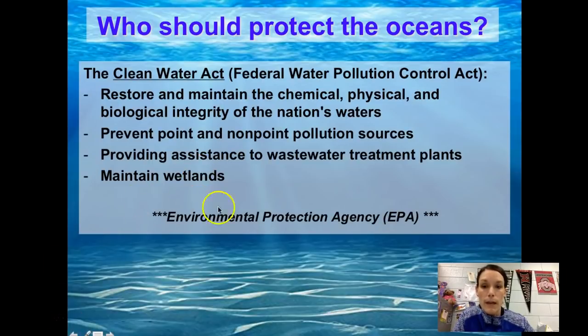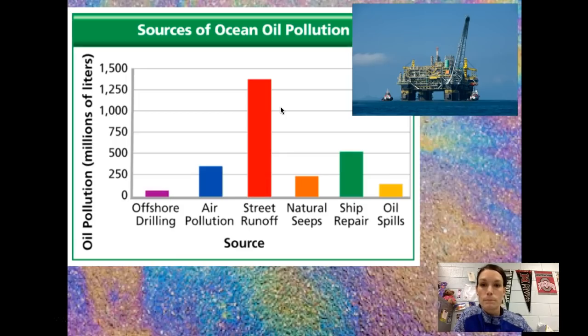The EPA is going to join forces with a lot of other organizations to help keep water clean. This is an act, a piece of legislation that tells companies and factories what they can and cannot put into the waters, which is a really good thing.